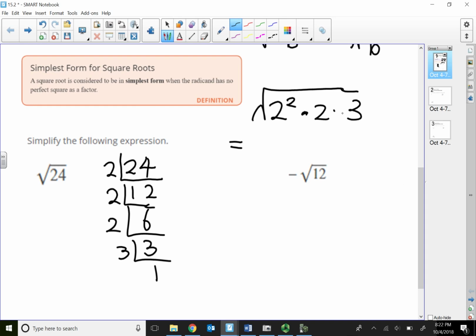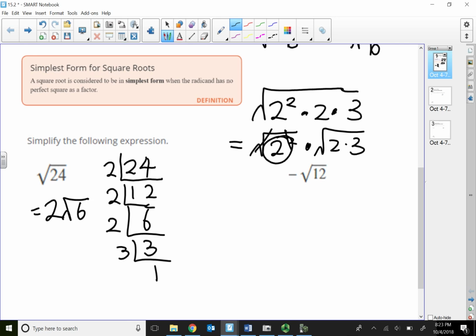Because this is multiplication, I only have one term, so I can split the 2 squared away from the other 2 and the 3. So square and square root cancel out. The only thing I have here is a 2 times, well, this 2 and this 3 together within the square root is going to be a 6. So my answer is 2 times the square root of 6.